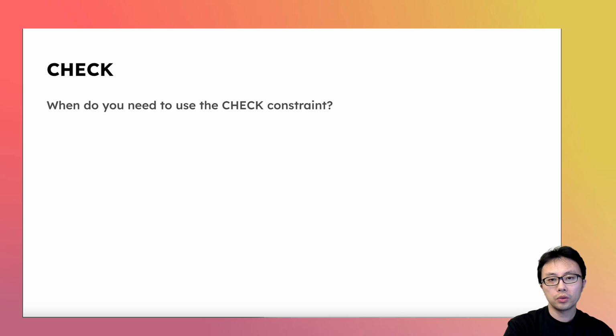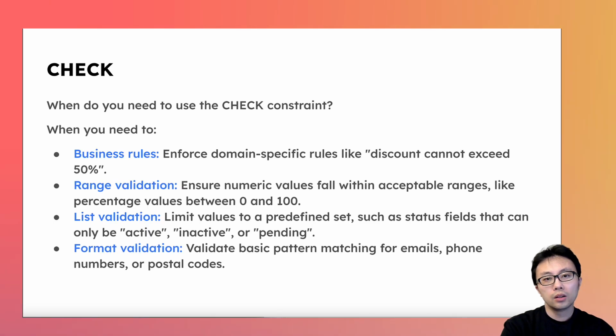When do you need to use check constraints? When you need to enforce business logic, set valid value ranges or predefined datasets, or validate basic patterns, you can always rely on the help from the check constraints. Let's look at these scenarios one after another.